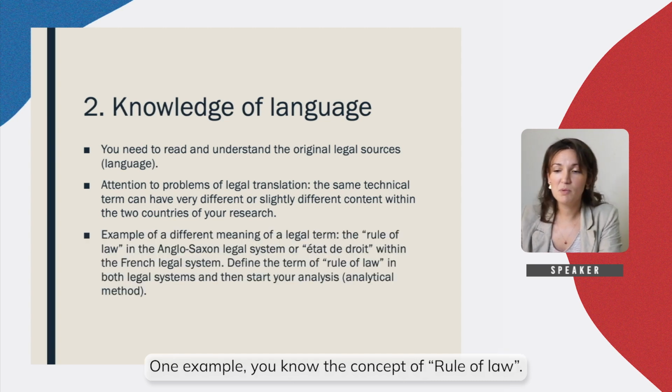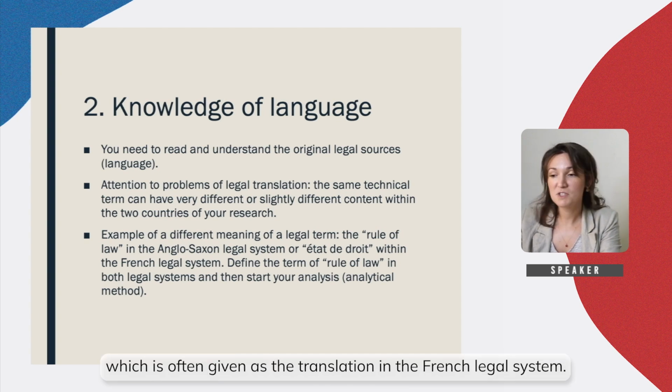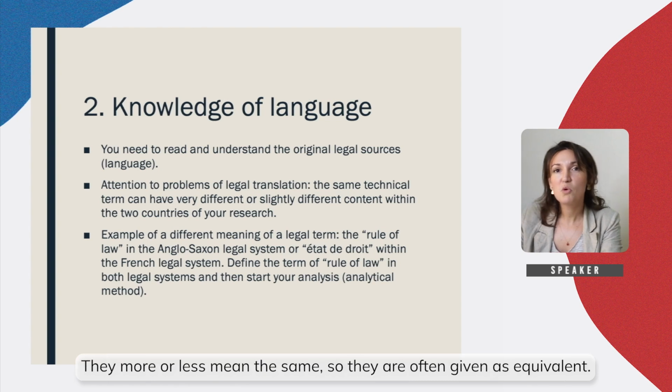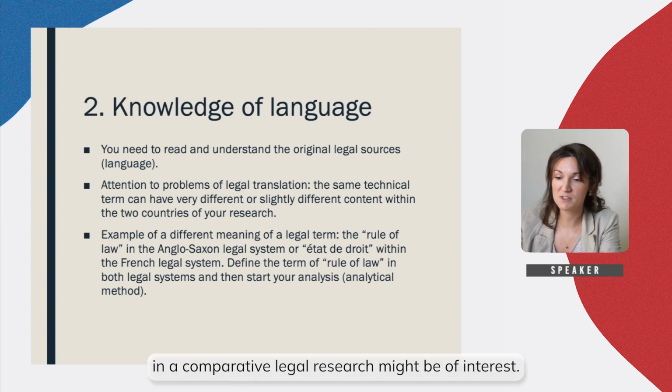One example, the concept of rule of law is different than état de droit, which is often given as the translation in the French legal system. They more or less mean the same, so they're often given as equivalent, but they're not exactly the same. So studying the two concepts in a comparative legal research might be of interest.